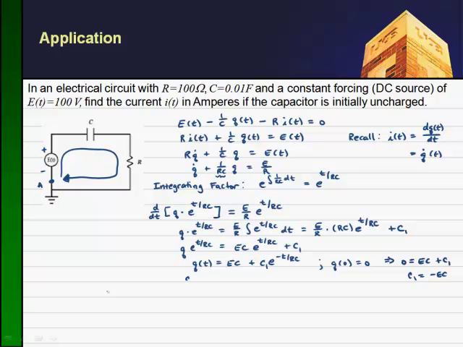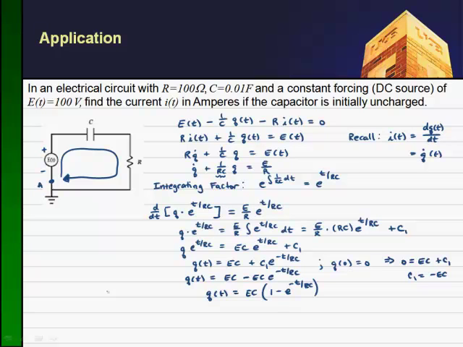So I get Q of t is equal to EC minus EC e to the minus t over RC. Q of t is equal to, if I factor out an EC, 1 minus e to the minus t over RC.